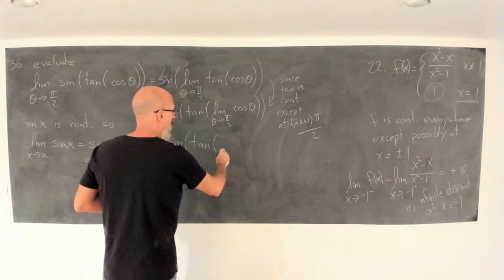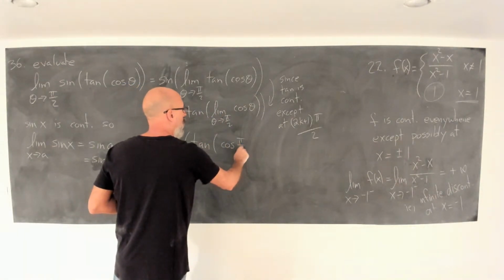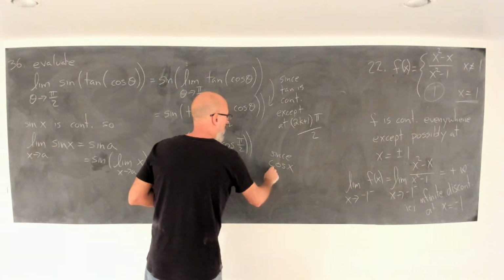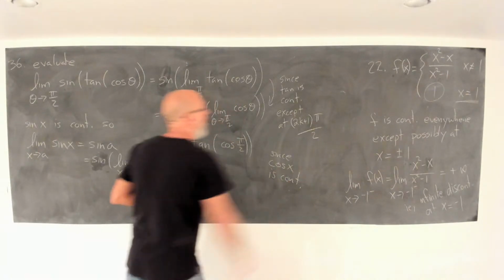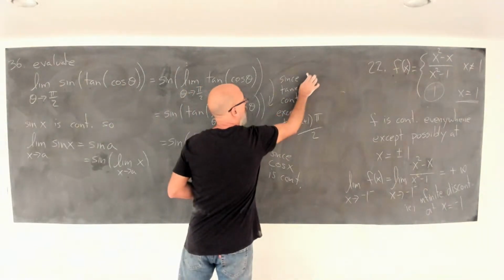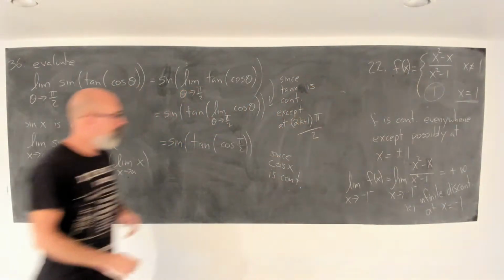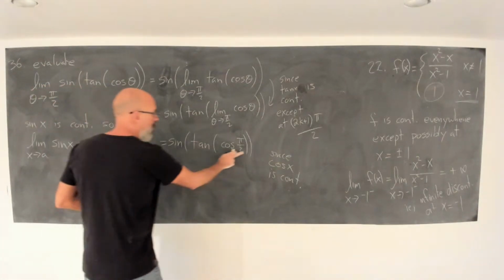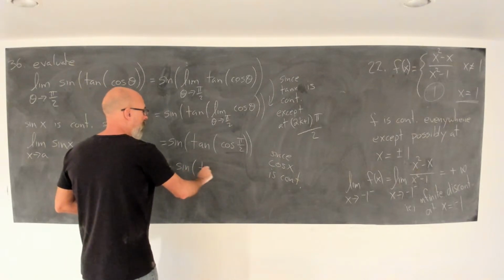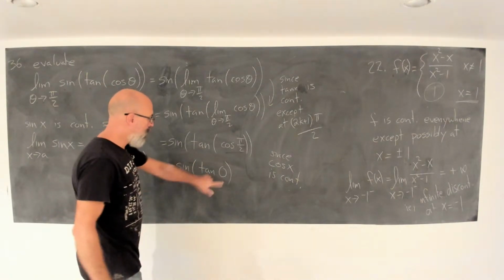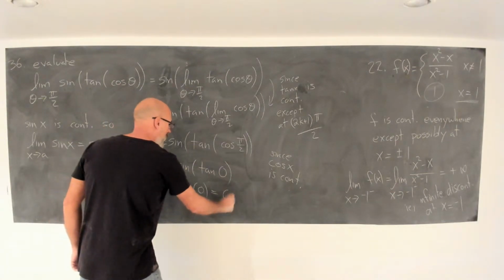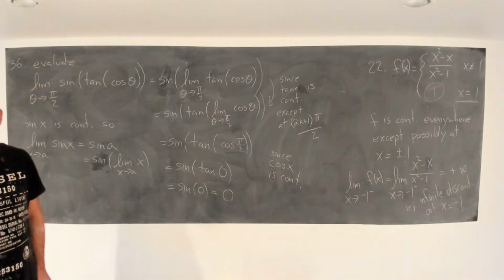And this is actually cosine of pi over 2 since cosine is continuous. And cosine of pi over 2 is 0. And tangent of 0 is 0. And sine of 0 is 0. And there is your answer.